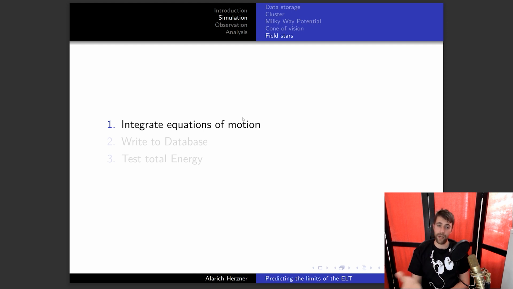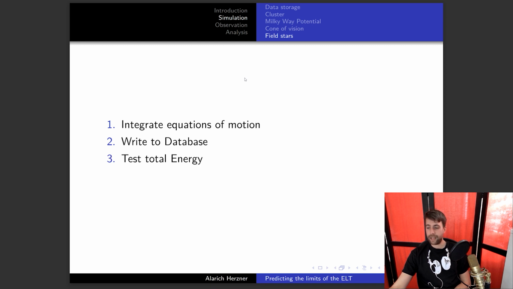This is why we integrate the equations of motion to get those future positions and velocities. Then we write this data into our database, which I showed you earlier. And then we do a test on the total energy to see if the total energy for all those different snapshots is roughly the same. If it is, then integration worked decently.